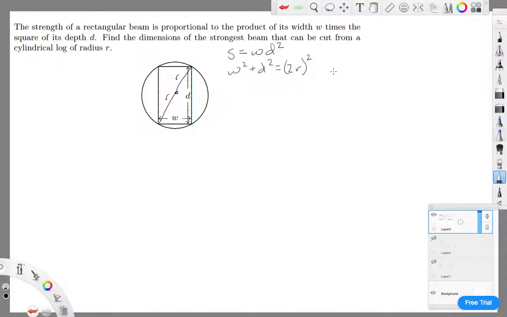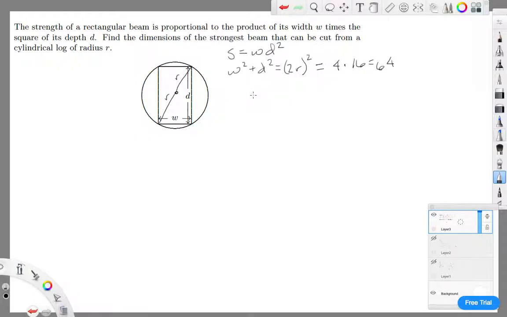In order to illustrate a point, I'm just going to come up with an arbitrary number for R right now, and let's solve it without R as a variable, or R as a letter. The number that I've come up with is 16, and so we'll say that W squared plus D squared is equal to 4 times 16, or 64.